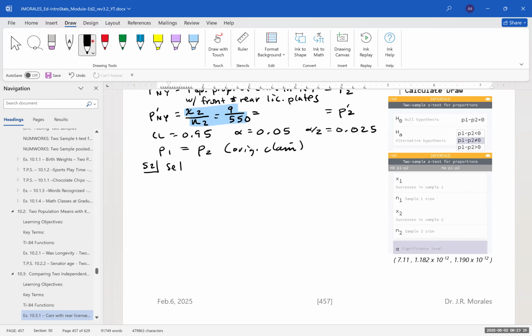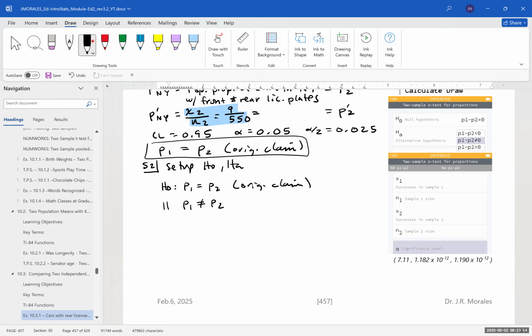So step 2 is to set up the null and the alternate hypotheses. We have this claim here, and that is our original claim. So what's the complement to this? The complement is not equal. And remember that the null hypothesis always has an equality, so the other claim has to be the alternate hypothesis.